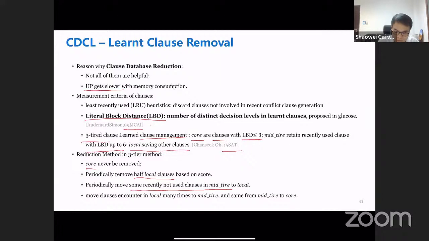They are degraded to the last tier. We also move clauses encountered many times in local to the middle tier. This is an upgrade: if a clause in a tier is useful many times, then it is moved to a better tier. The same happens from middle to core. Nowadays, almost all state-of-the-art CDCL solvers are based on this three-tier method to manage the learned clauses.